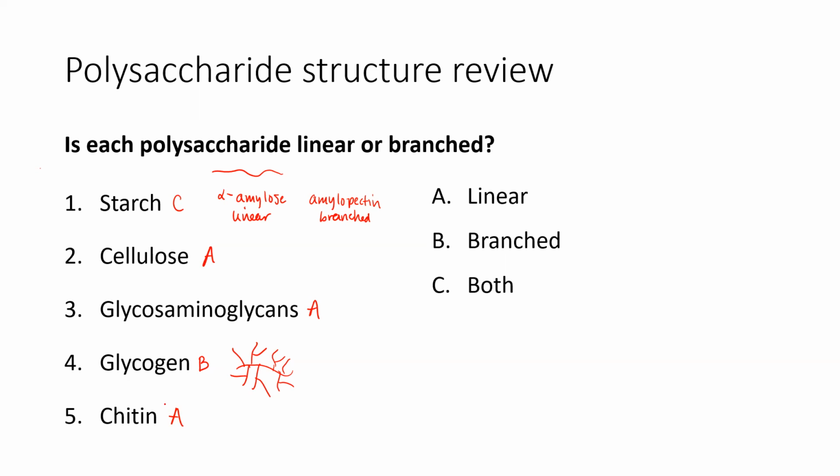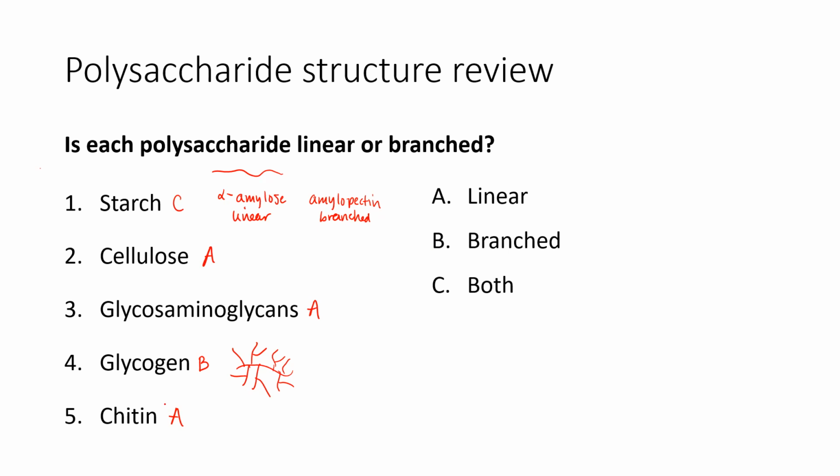So we talked about how each of these has a fairly different function, but a lot of them seem to have relatively similar structures, either linear or branched. So we have to delve deeper now into the structures to figure out how those structural differences might cause a difference in function.